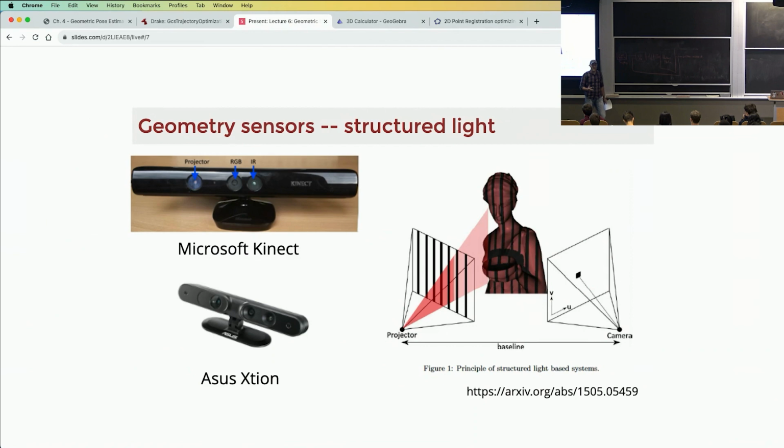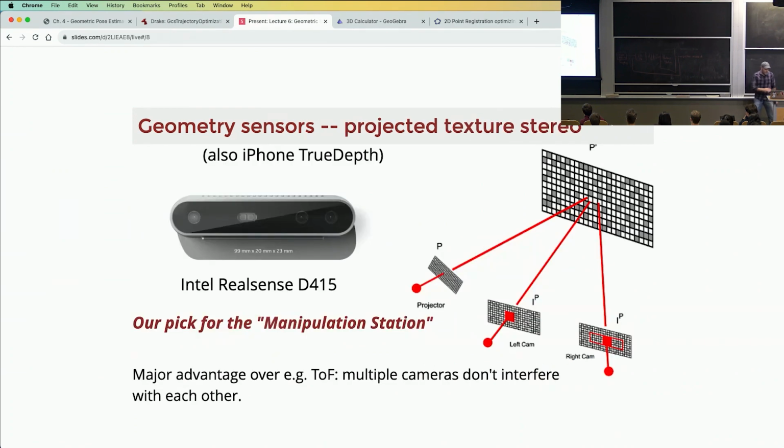You can back out from the geometry something about the depth. There's a bunch of different hardware manufacturers that built structured light-based depth cameras. The ones that I showed you here, like the 415 we'll talk the most about, is actually projected texture stereo.